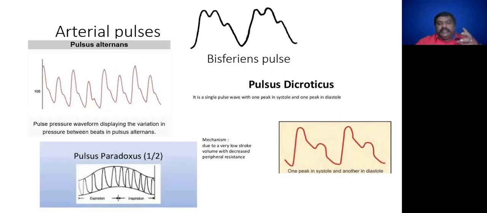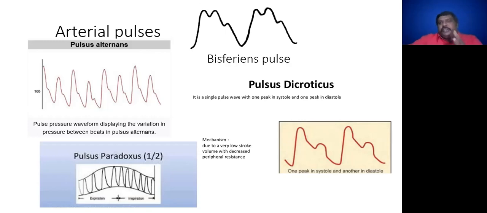So we were studying Pulsus Alternans, bisferiens pulse, then Pulsus Paradoxus, and lastly Pulsus Dicroticus. Regarding the dicrotic pulse, it has two palpable waves, one in systole and another in diastole.